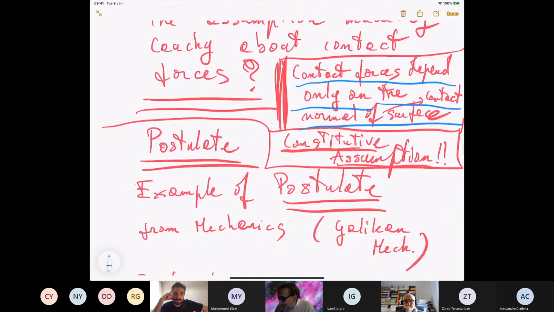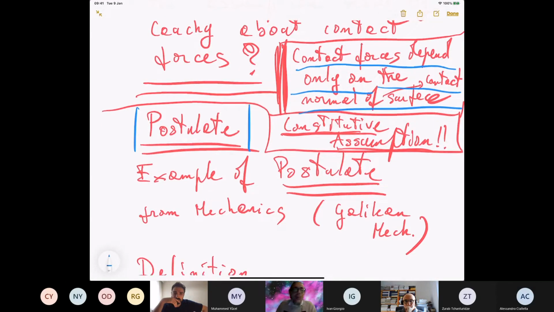I claim that this is a constitutive assumption. So it is not a postulate. It is a constitutive assumption. Okay? Because the word postulate we dedicate, we use only when formulating general statements which are universally valid.